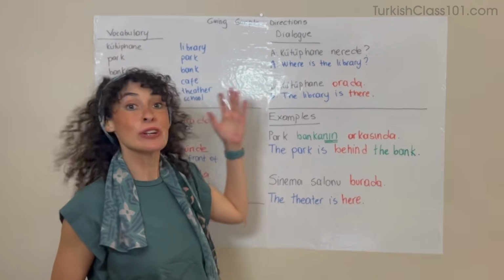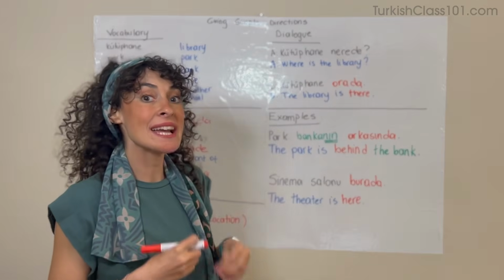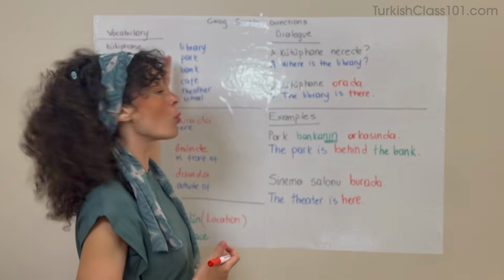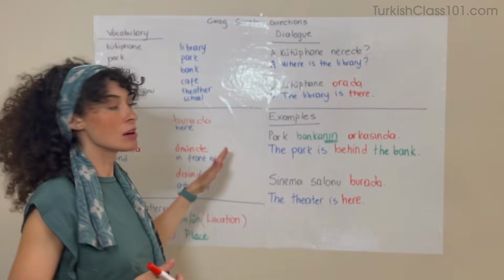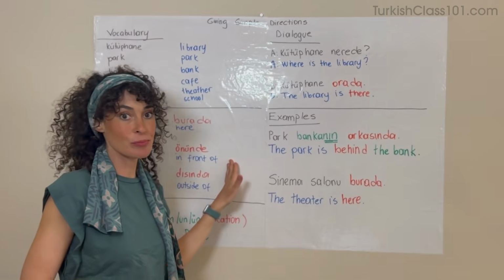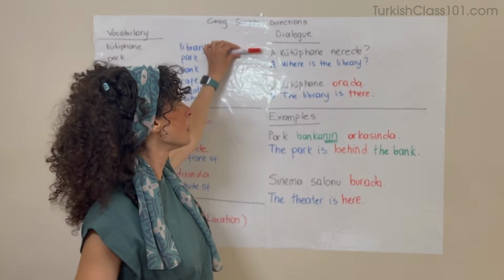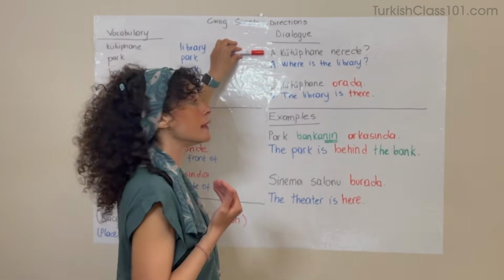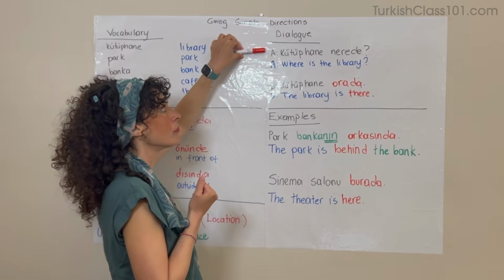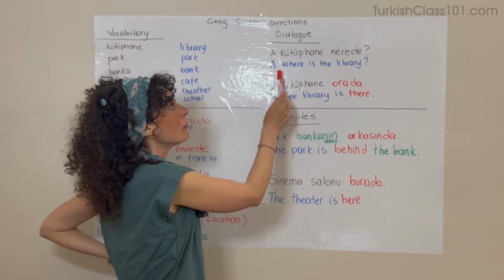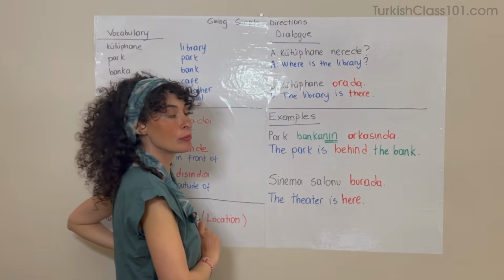Okay, let's look at the dialogue and let's try to find our vocabulary and our prepositions, okay? Kütüphane nerede? Where is the library?